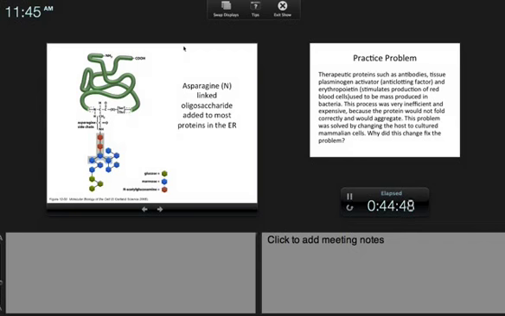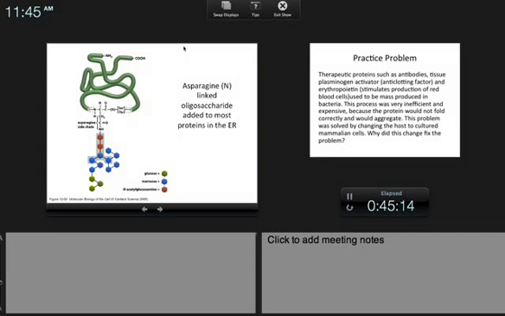So this is N-linked oligosaccharide. It's added to most proteins in the ER. It's basically a big block of sugars. You can look at this and you'll see that we've got glucose, we've got mannose, and we've got N-acetylglucosamine right here. How these sugars look will determine whether or not the protein makes it out of the ER.